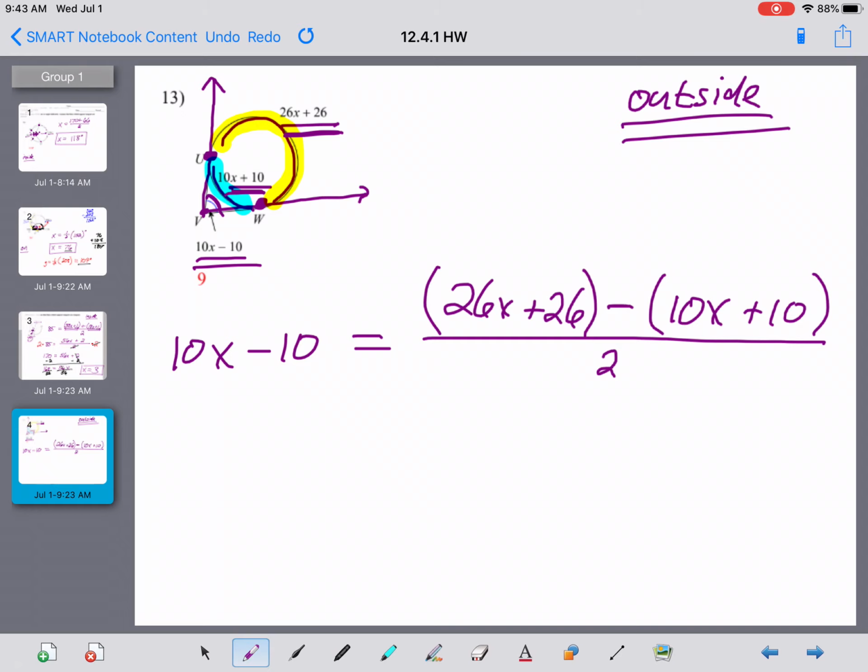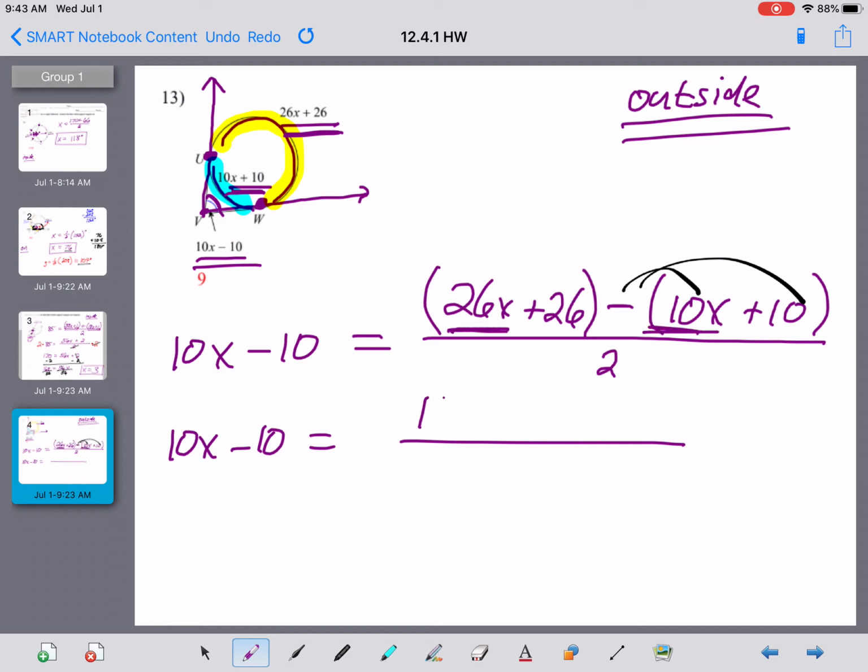Little work to do on the right. So we've got a 10x minus 10 is equal to, let's see, we've got a 26x. Actually, let's remember what we're doing here, guys. We're really distributing a negative right there, or a minus. So this is 26x minus 10x. That's going to leave us with a 16x. And then for constants, we've got a positive 26 minus 10.